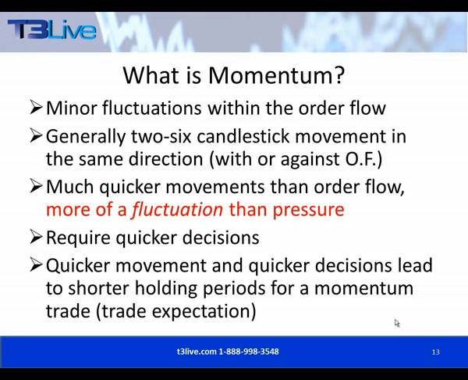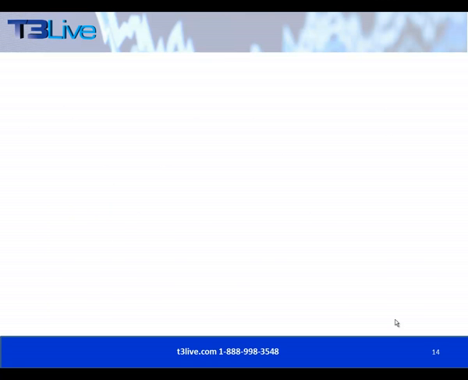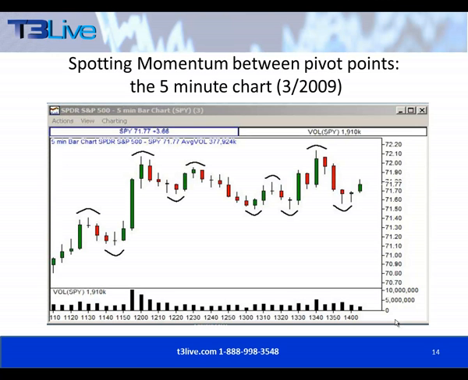All right, so what exactly is momentum? How do we look at it? Very, very simple. If you've taken the active trader program, we discussed pivot points, and the pivot points are clearly here one of the many ways that we identify entry patterns. And you can clearly see here on this intraday chart of the spiders, each level of momentum is turned around when a high or low point is made, and basically perfectly stops that move to the upside or the downside.